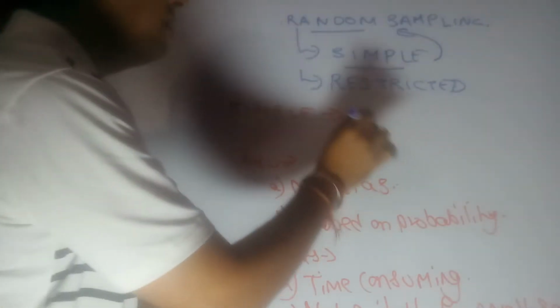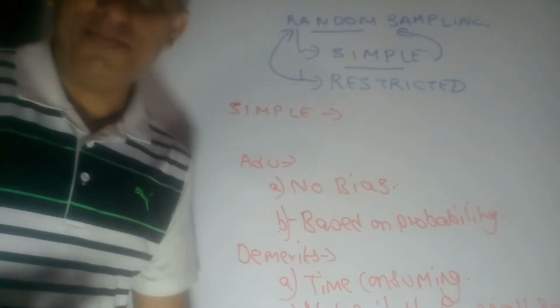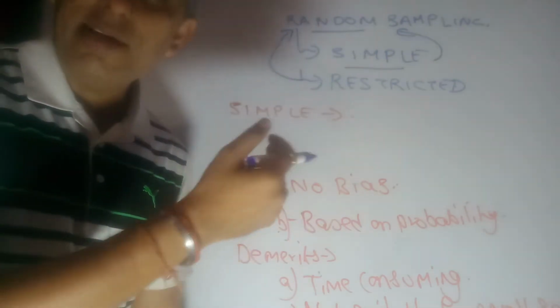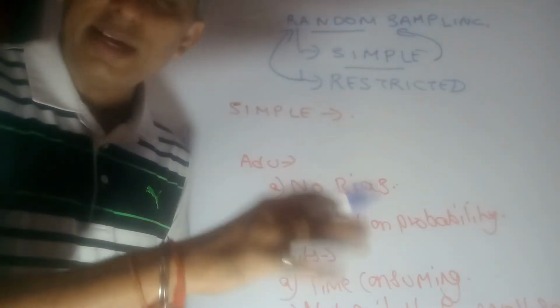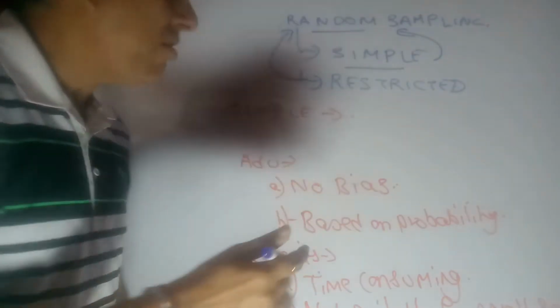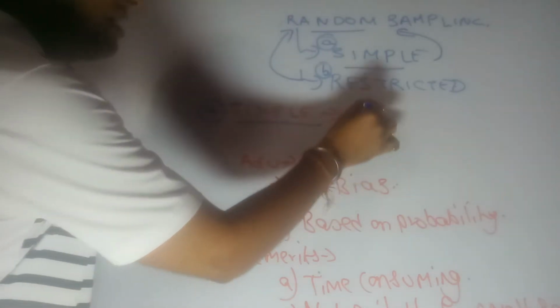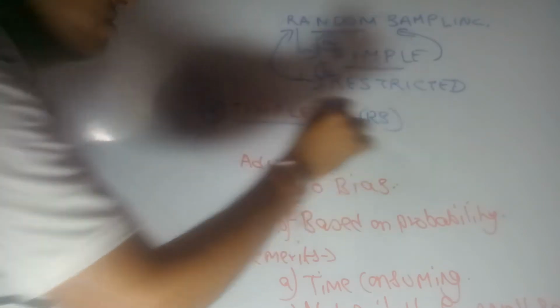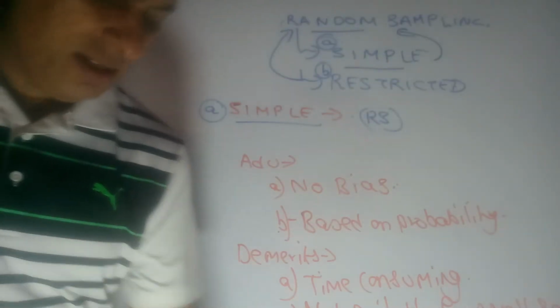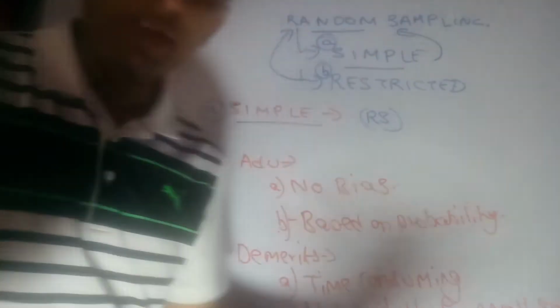One is called simple random sampling, and the other is referred to as restricted random sampling, right? So, non-random we are not discussing, we are discussing only the random part, in which we are going to focus more on the A part today, that is simple random sampling, for selection of a sample.